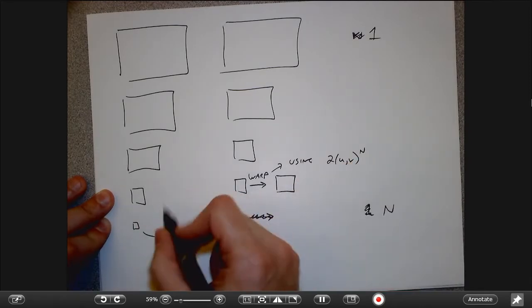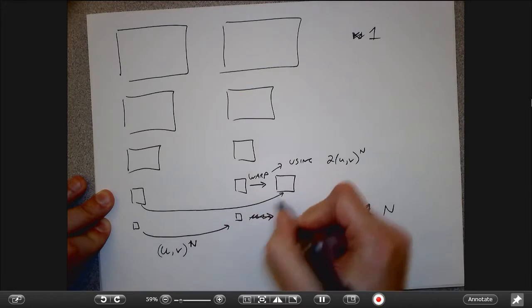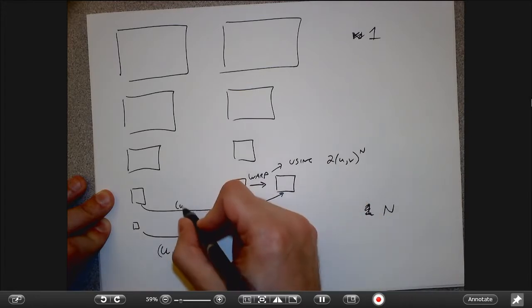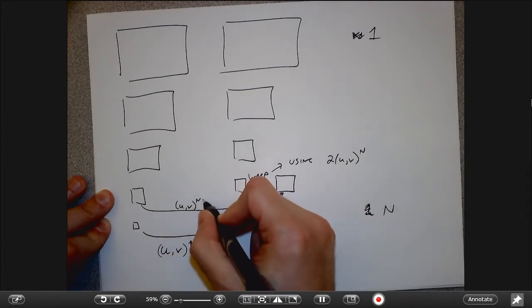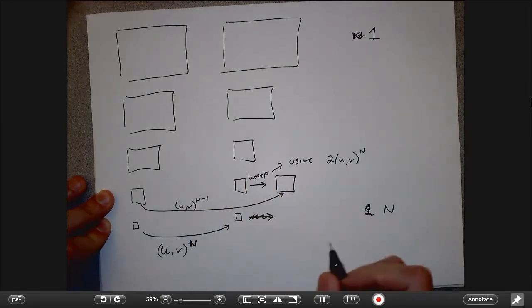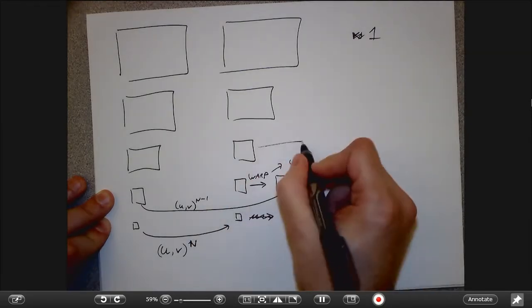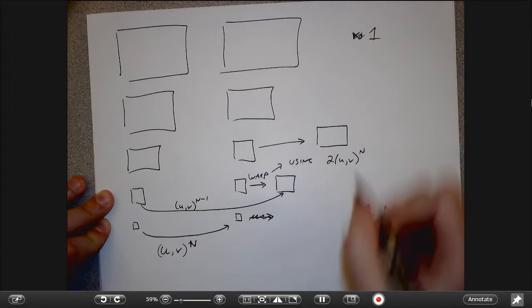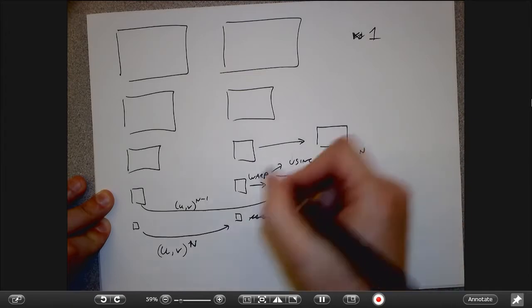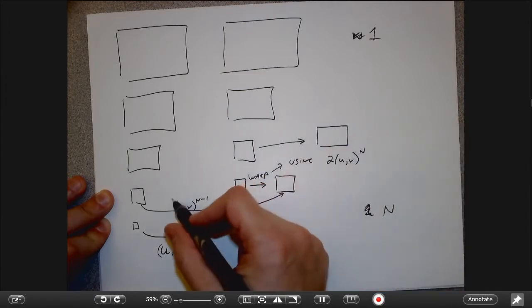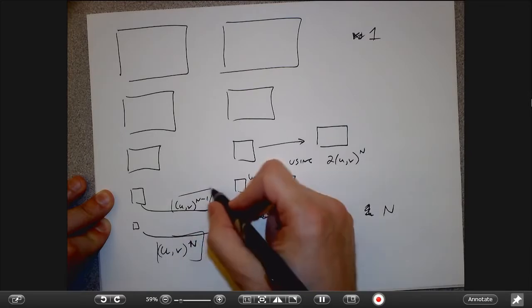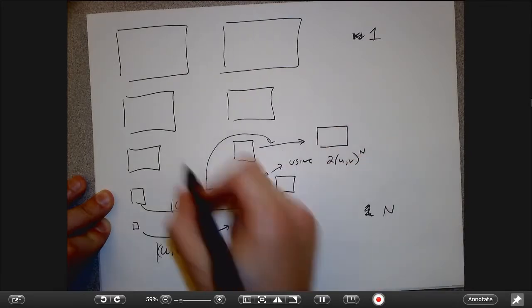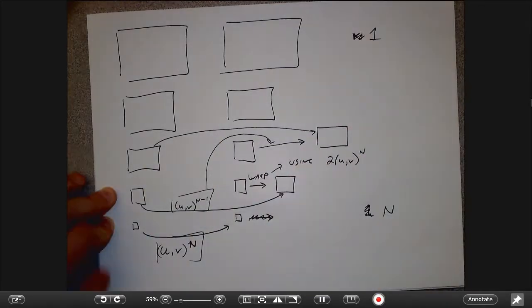And then I estimate the flow between these two. And this is what gives me the next flow level. And then this one, I'm going to warp over here using both this thing and this thing. These both go into estimating this warp, right? And then I estimate the flow between these things, right? So basically I keep bootstrapping my way up to the top.